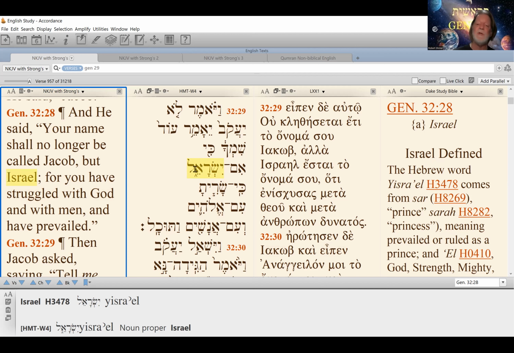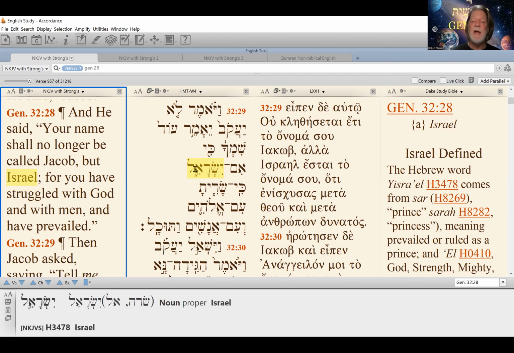Israel means wrestled with God, but it's not limited to that. If Yaakov had lost the wrestling match, he would not have been called Israel. He would have been called something else, because the Sar part also means to be victorious.